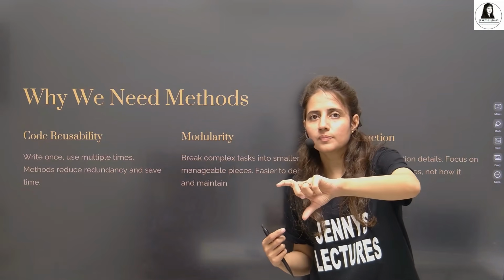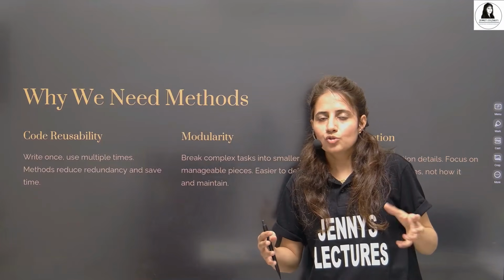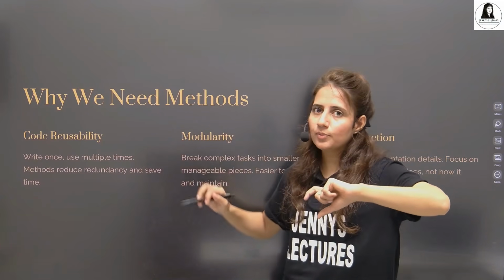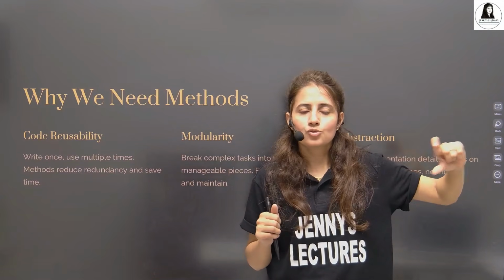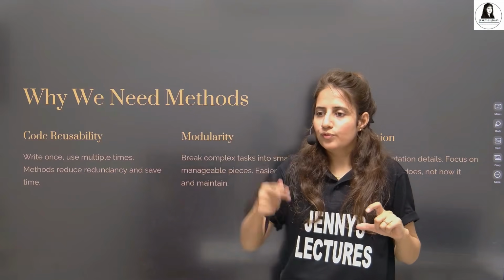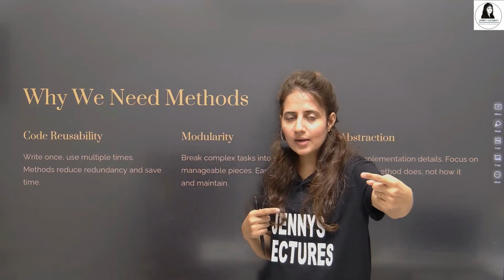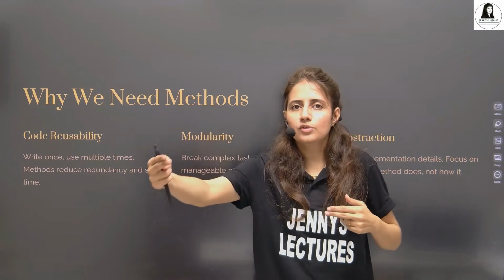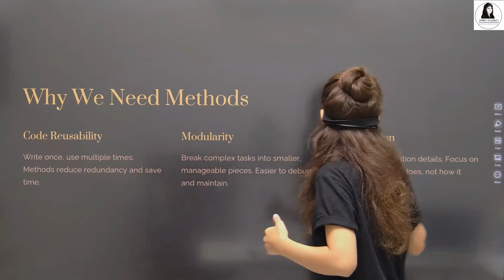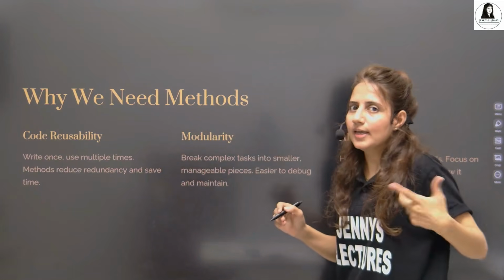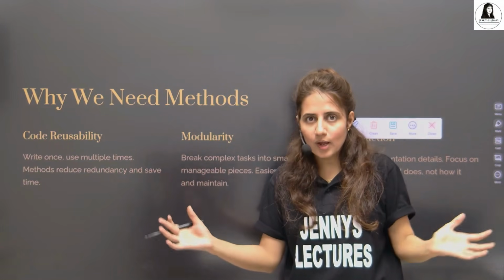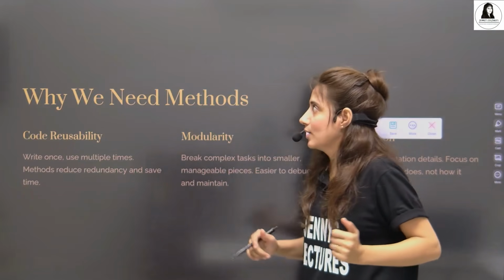Suppose in a project there is a team. In the simple calculator program there are five methods, so I can assign them to five members. Like you do coding for the add method, you do coding for subtract, you do coding for multiplication, and like this. So that's why it is going to improve the collaboration, and it will reduce the time as well.